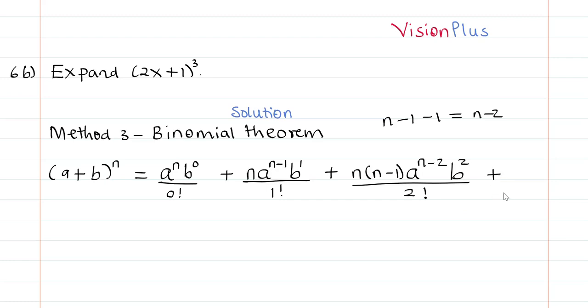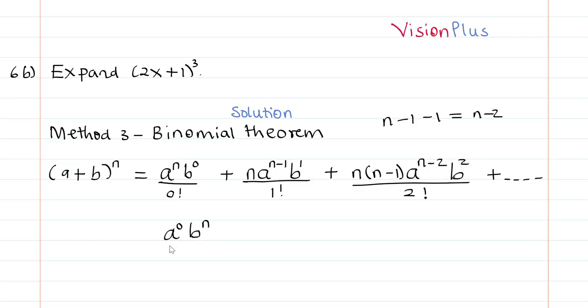Plus, remember this continues depending on n. So it continues until a time is reached when the power of a is 0. As you can see here, the powers of a are falling. So it reaches a point when a has a power of 0 and b has a power that has reached n. The powers of b have increased to n.